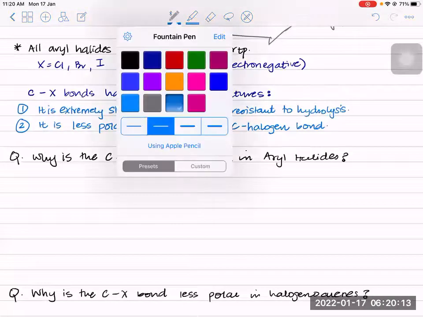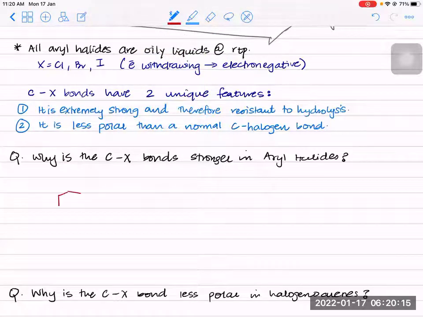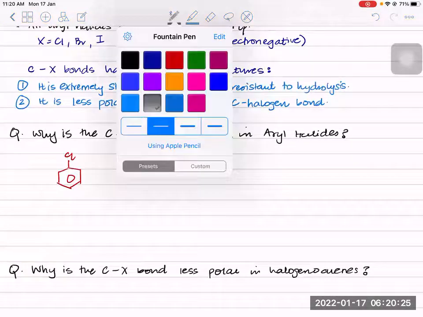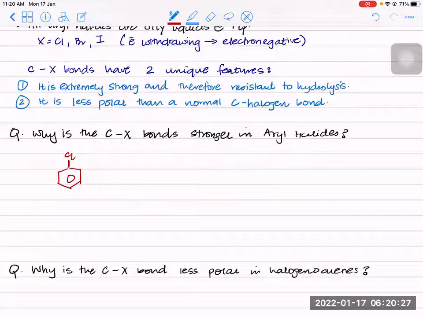I'm taking chlorobenzene as an example. Cl is in group 7 and it has 7 outer electrons. 1 electron is used here to make the bond. This is the second, third, fourth, fifth, sixth, and seventh. You see, you have 3 lone pairs around Cl.